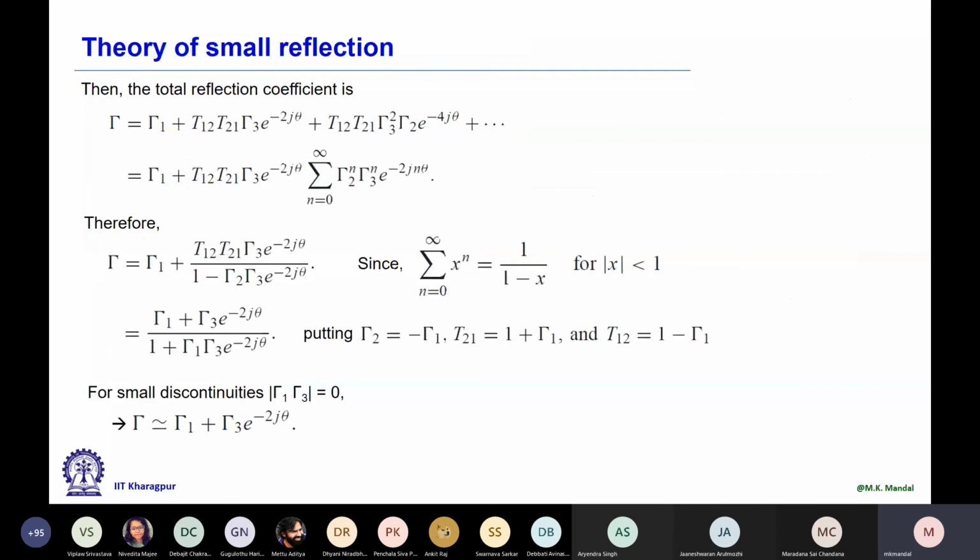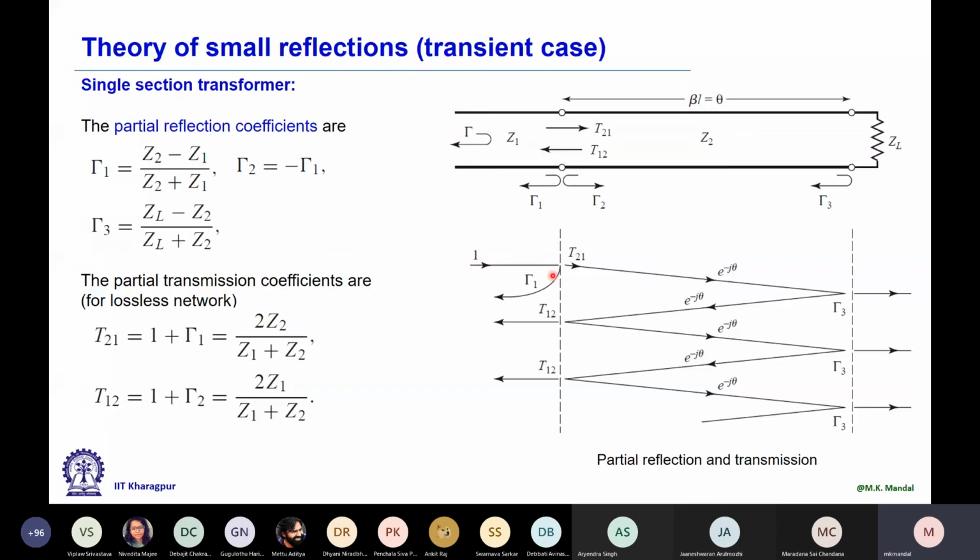So gamma is equal to gamma 1 plus, the first component coming out as gamma 1 plus, now T21. It comes here, then this part we represent by a phase change e to the power minus j theta. So T21 into e to the power minus j theta.